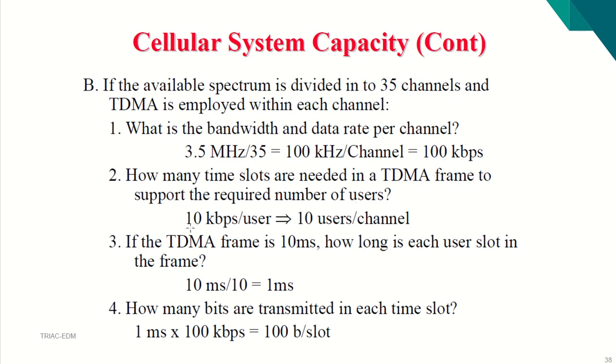We have 10 kbps per user, that's a requirement, but we have 100 kbps per channel. So what that means is each channel can support up to 10 users. 10 multiplied by 10 is equal to 100. So we can support up to 10 users per channel.